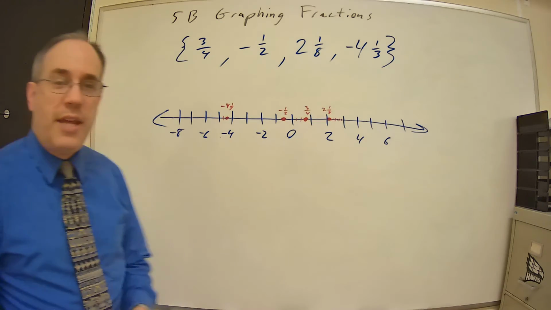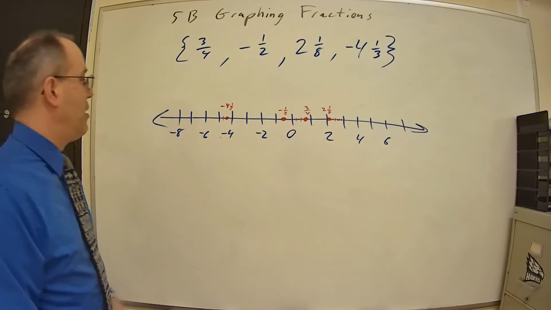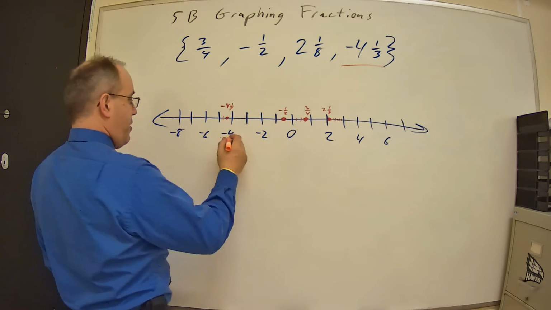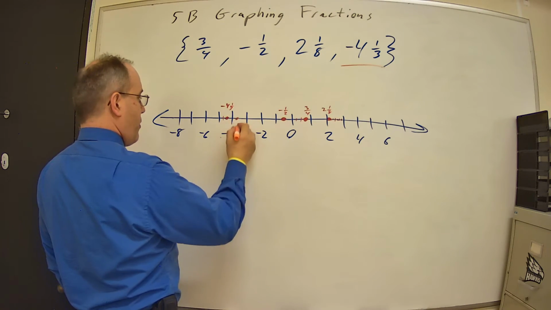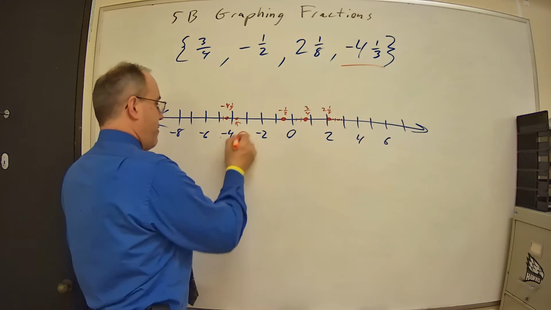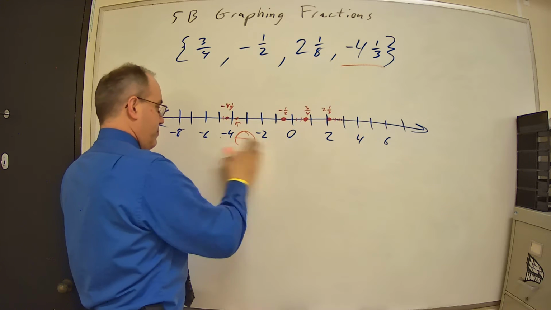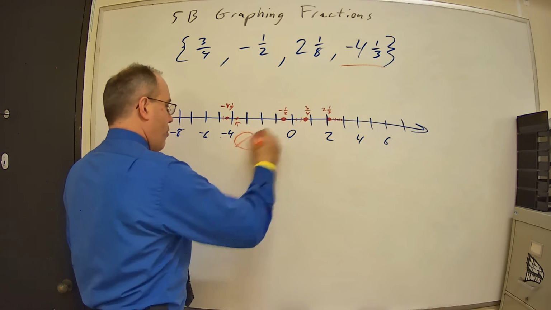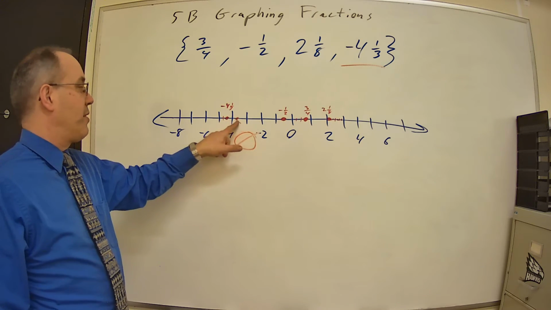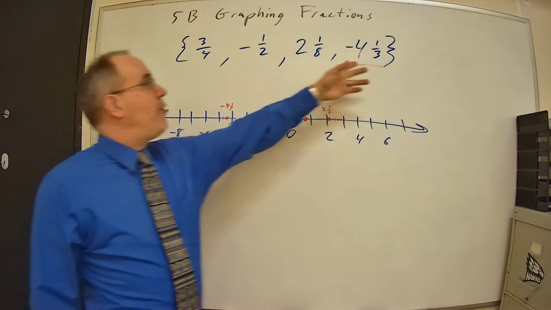Most common mistake that people will make is this -4 1/3. They'll come to -4 and try to put it right there, which is, look at that, not correct. Can't do that. Okay? It's -4 1/3.